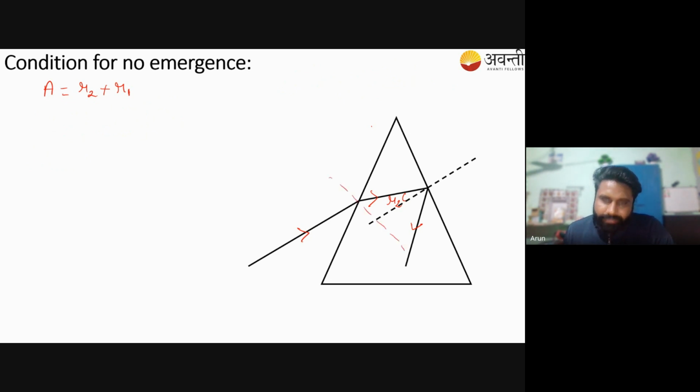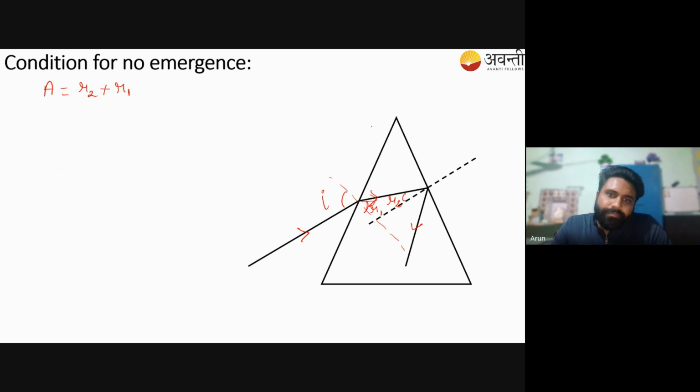This is the normal. This is R1. This ray is making an angle of incidence i. So what do you have if this ray gets refracted from here? What should be the maximum value of R1?